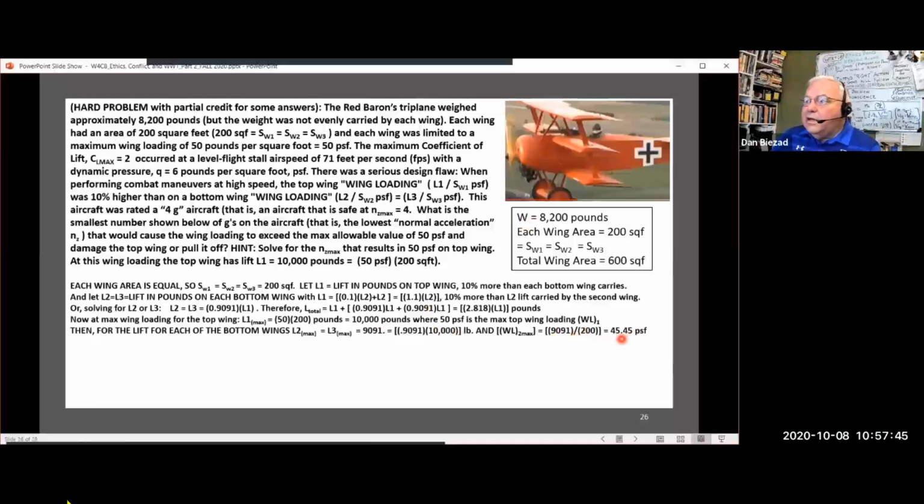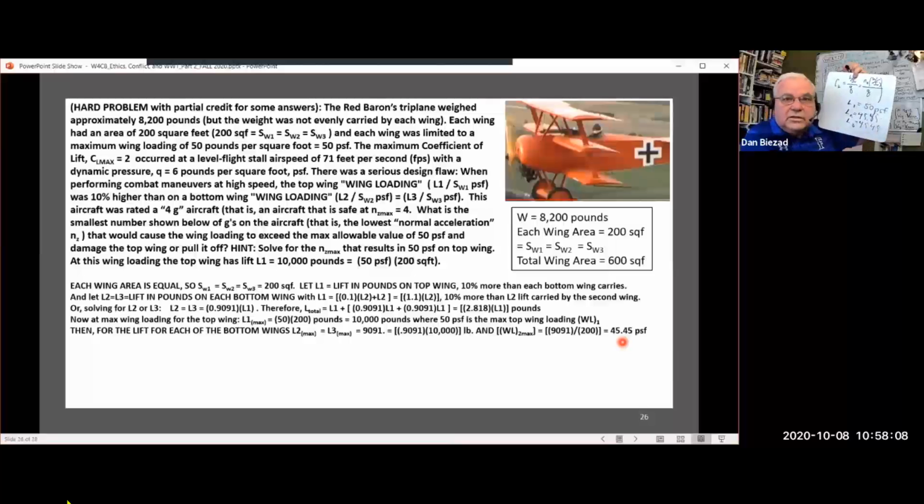So the wing loading on the other two wings is 45. So when the top wing, L1, is 50, L2 is going to be 45.45, and L3 is going to be 45.45. So the other two wings are still safe when the top wing is at its maximum.